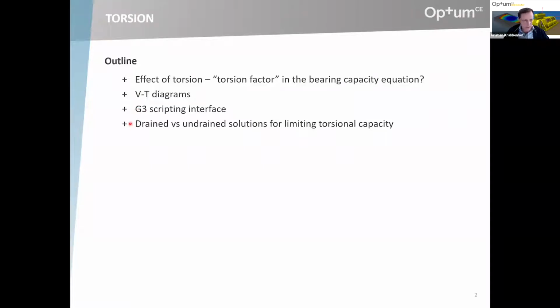And then this morning we had an email, so thanks for that, which was a really interesting email that pointed out an interesting little problem, or something that is still a bit of a mystery, actually. Jan and I spent all morning discussing it, but there is an exact solution for the undrained torsional capacity of a general rectangular foundation.